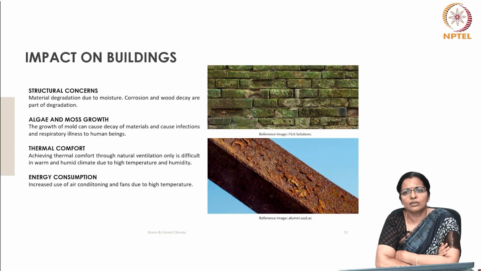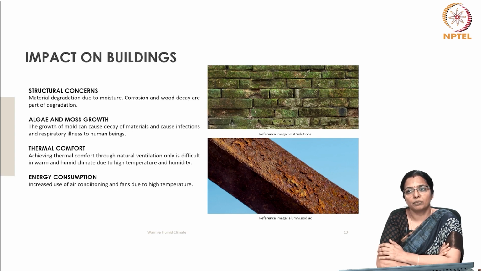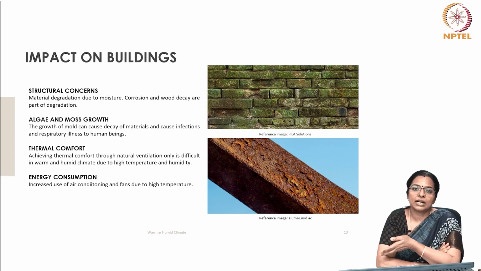If we look at energy consumption, increased use of air conditioning and fans due to high temperature is another major concern. And this concern actually enhances the energy consumption of the place, again, which is related to greenhouse gas emission and global warming.